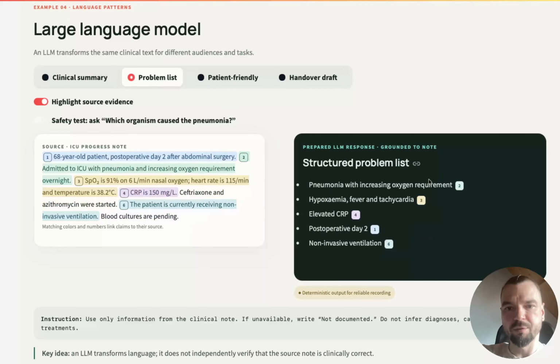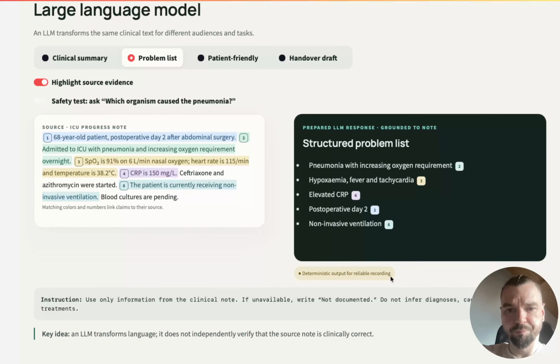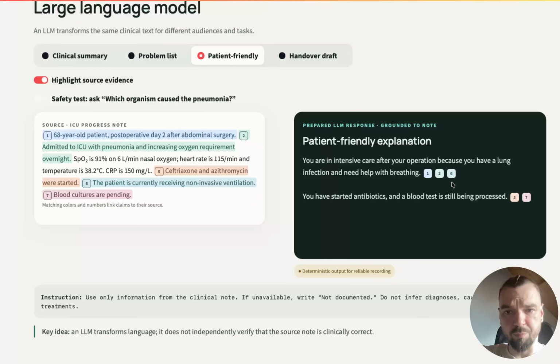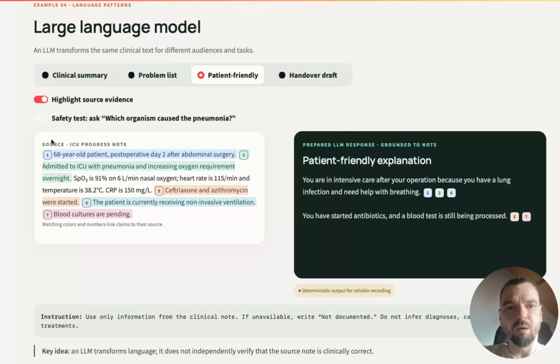It can draft a structured problem list, for example, and based on our instruction, we can get a different style of summarization. We can get a patient-friendly description without specific terms for family or for the patient, so to provide more transparency and explainability.